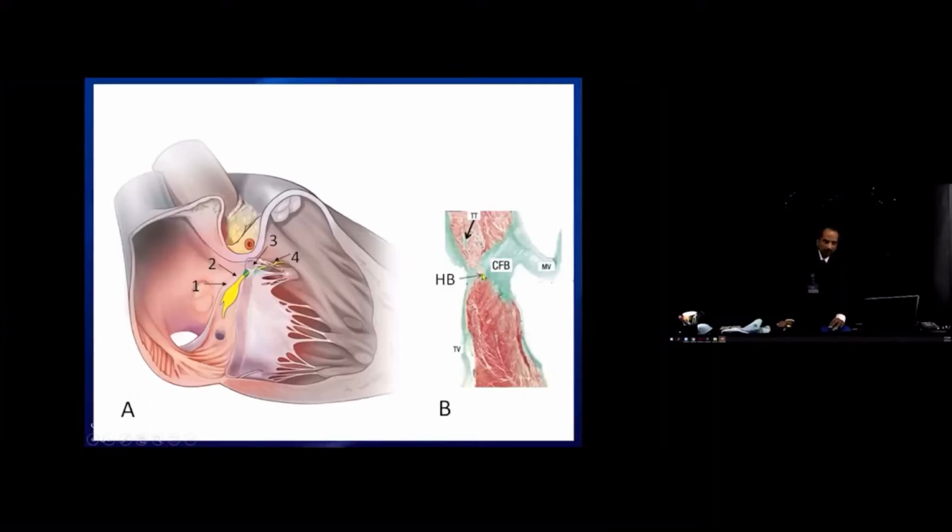One thing that's worth noting here is the separation actually occurs relatively leftward. The left bundle is the natural continuation, and then we have the right bundle that will partly traverse through muscle and then come out on the endocardial surface.